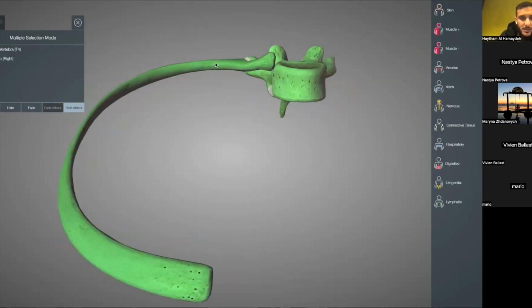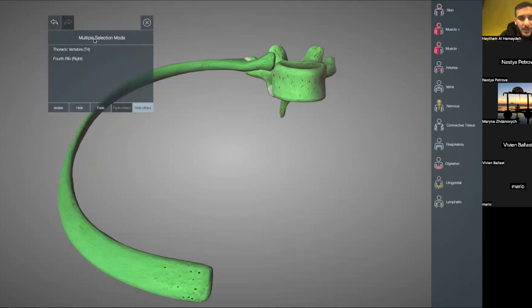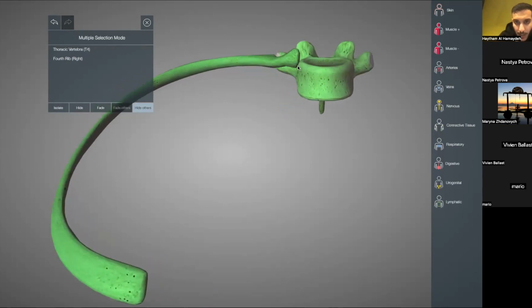Okay, so what this means, look. Now we have here, do you see this? Everybody sees this? Yes. You have fourth rib. This one is rib number 4. What number is this thoracic vertebra? T4 as well. So fourth rib articulates with T4. Let's concentrate again to describe.